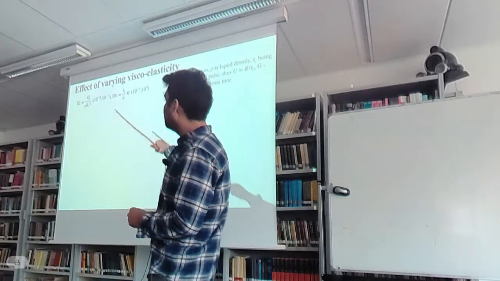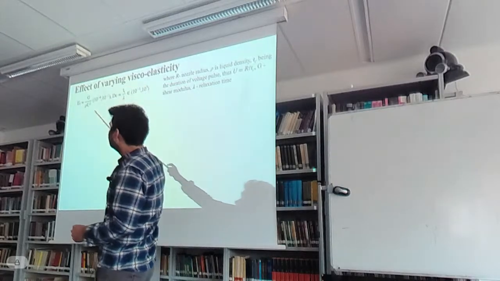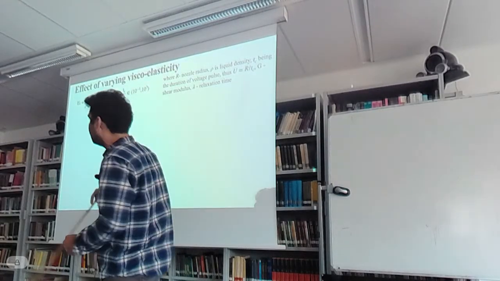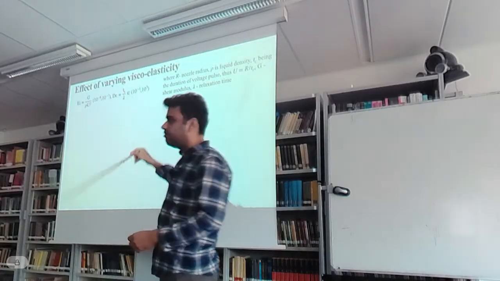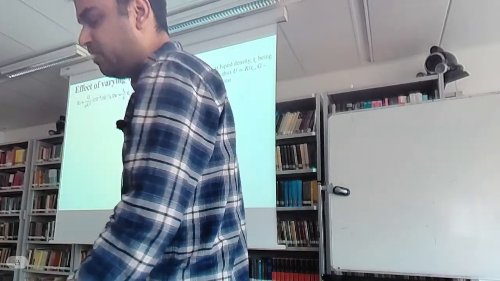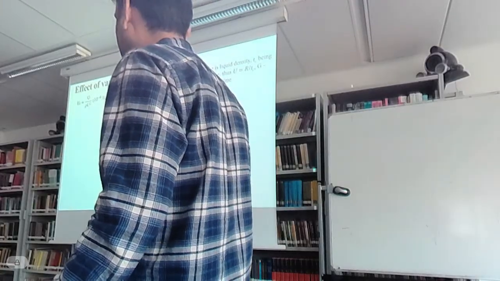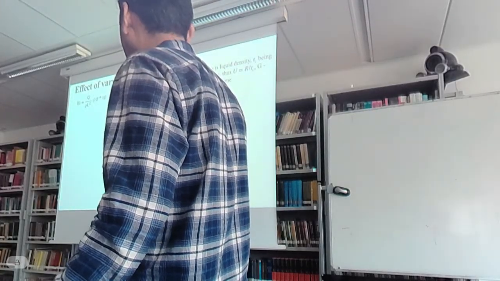So I vary the non-dimensional elasto-inertial number, which is the ratio of the shear modulus to rho u squared, which is the driving pressure, and the Deborah number, which is the time it takes for the polymers to relax as compared to a typical time scale of jetting.